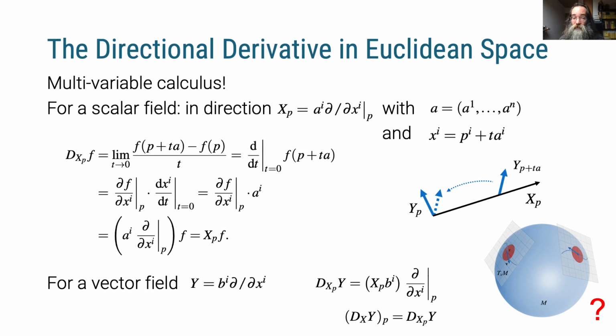So define an operator d sub x of y, which at the position p is just the directional derivative of a vector field y in direction x, which gives you actually an operator of a whole vector field, differentiating y, a whole vector field, in direction x, which is a whole vector field, and the result is just the directional derivative of y at each location.